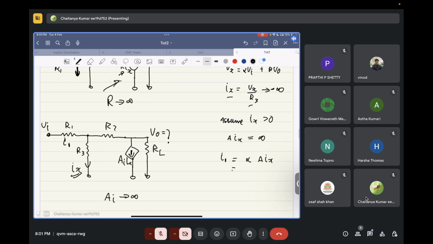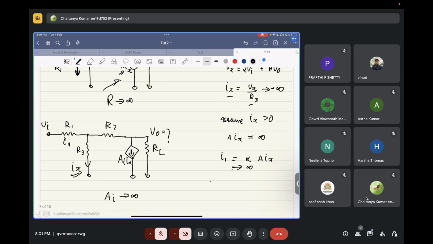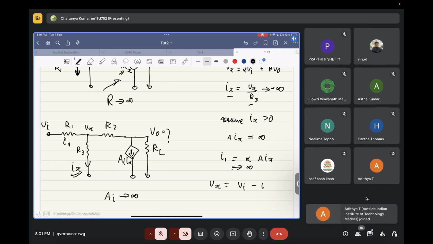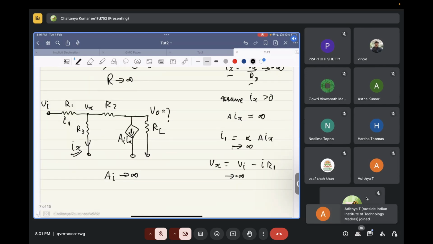So this will also tend to infinity. If this tends to infinity, Vx, that is equal to Vi minus I1 times R1, will tend to minus infinity.